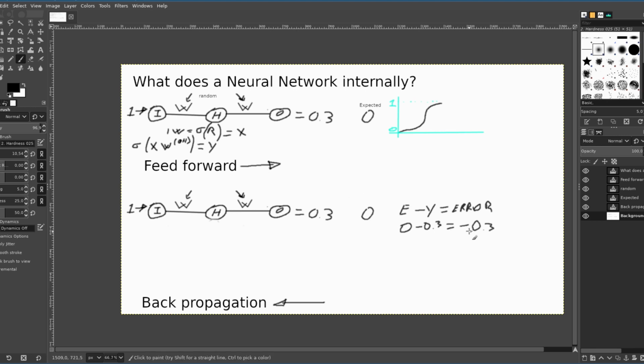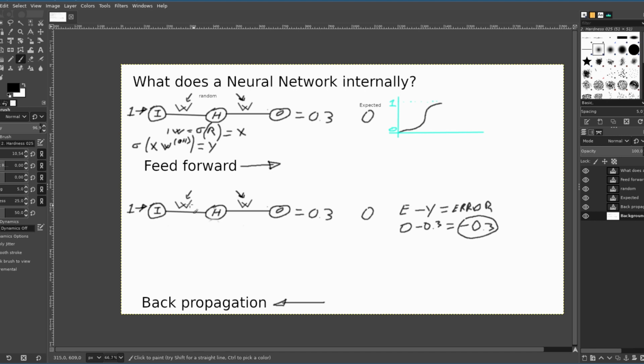Basically, the backpropagation takes this error and changes the weights, changes the value of this weight, and then calculates again the error of this hidden layer, and thanks to the value of this error, changes the weight between these two neurons, and so it adjusts the weights in this neural network.